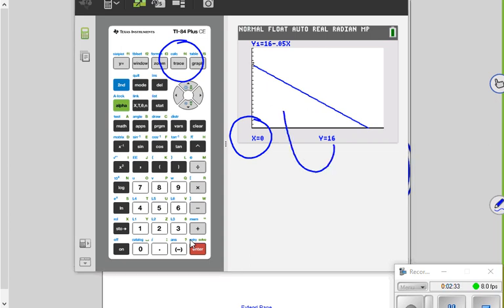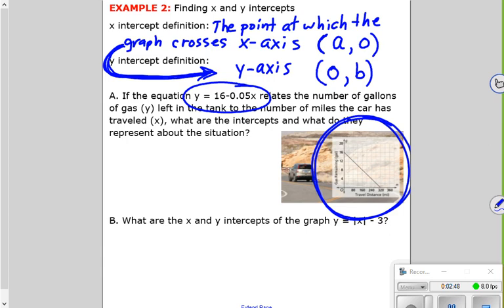You may notice that 16 is in the equation because this is a linear equation. The y-intercept is the constant in the linear equation. So for the first answer, we have a y-intercept of (0, 16).